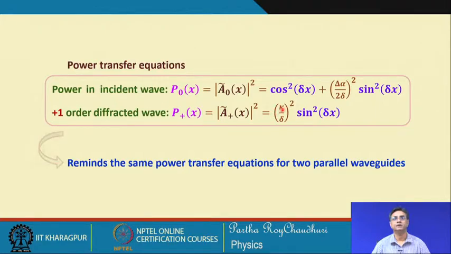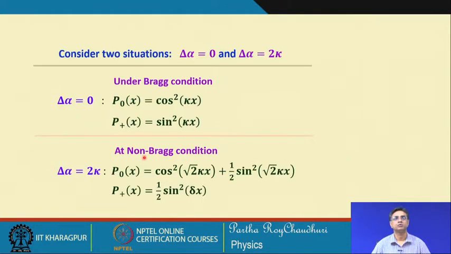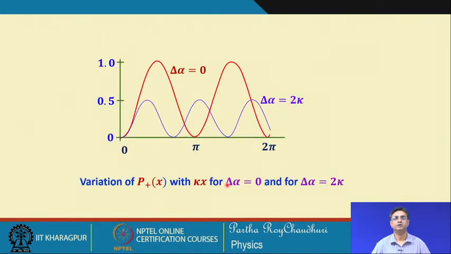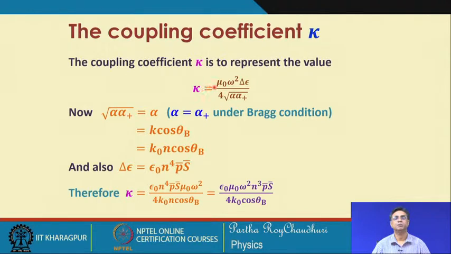The value of kappa will be given in terms of mu naught omega square delta epsilon by 4 alpha alpha plus. Under Bragg condition alpha is equal to alpha plus, and then we can write this as equal to alpha.